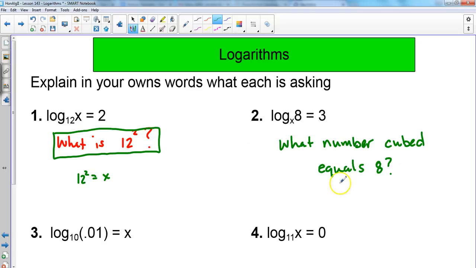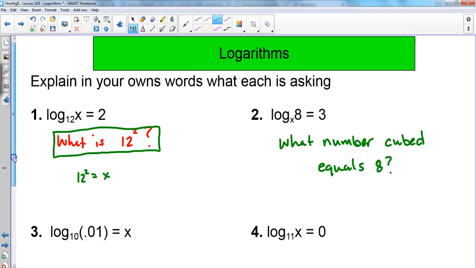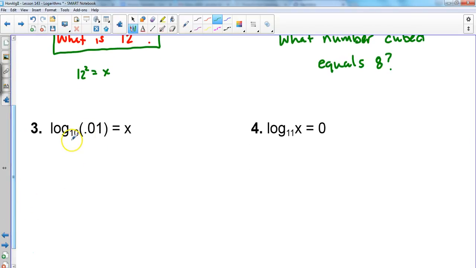But again, we want to put it into layman's terms in our own words. What number cubed equals 8? A couple more here. 10 to what power equals 0.01. So 10 to what power is 0.01. That's how we put that in our own words.